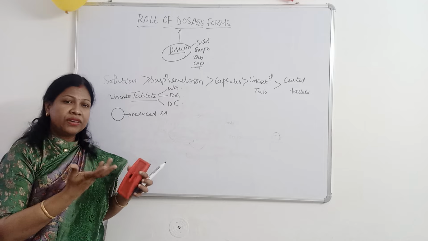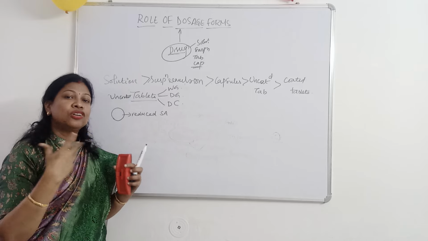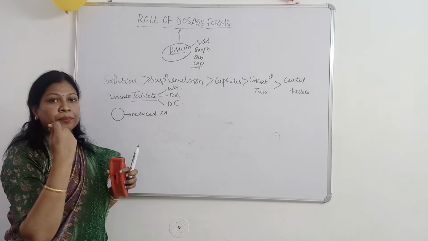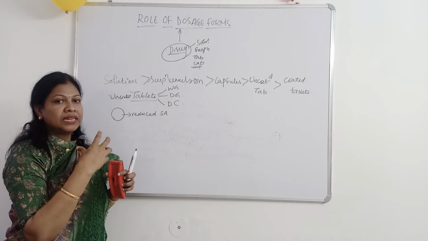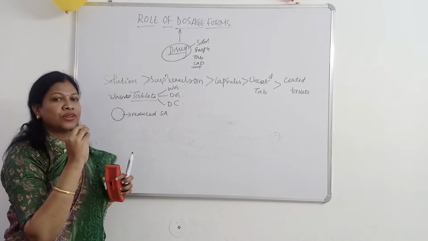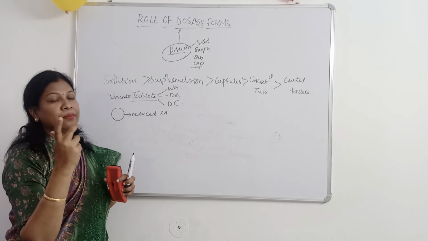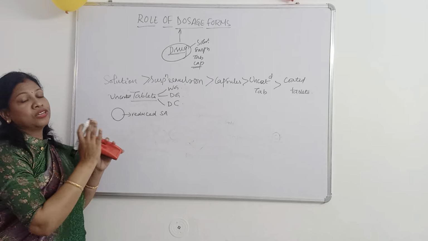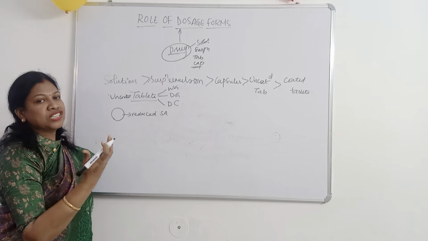That may be more difficult to swallow from the patient's point of view, and it will have dose inaccuracy from the clinical point of view, and when we make powder dosage forms, we may not have comfort in administration as well as during formulation or packaging. So, the easier way to administer the powder dosage form is to reduce its surface area by compressing into a tablet dosage form. Tablet dosage form is the reduced form of a powder form. So, we reduced its area and it is very easy to swallow.